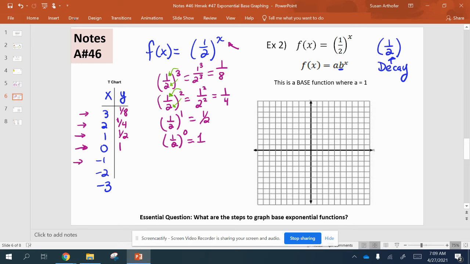Okay, now we have to do the negatives. So 1/2 to the negative 1, 1/2 to the negative 2, 1/2 to the negative 3.